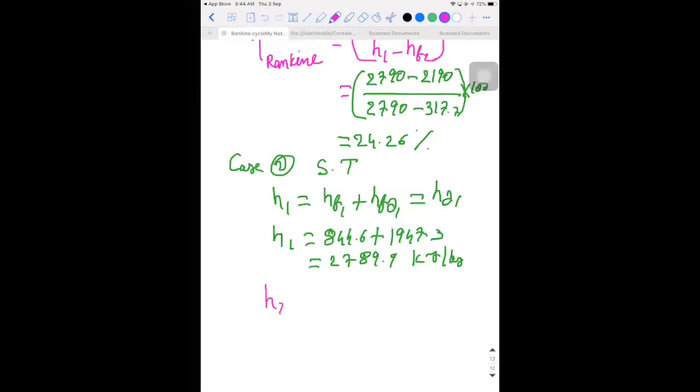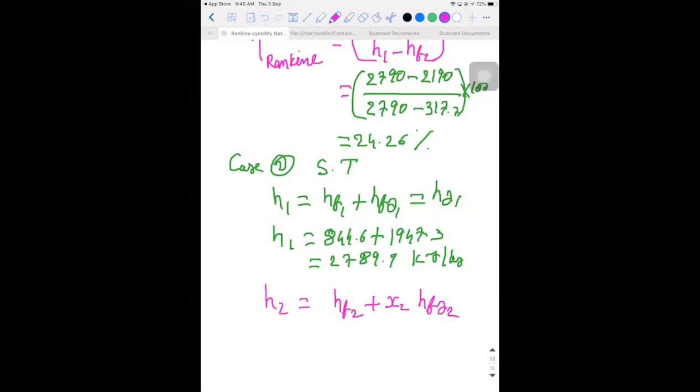H2 is equal to HF2 plus X2 HFG2. So how can you know H2? In the Mollier diagram you have seen.